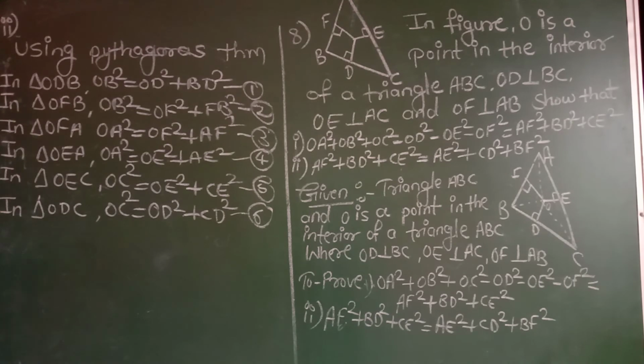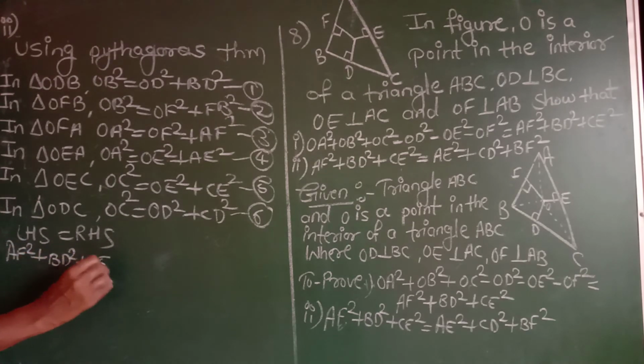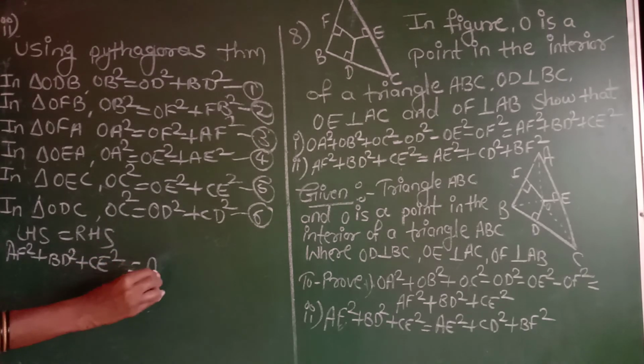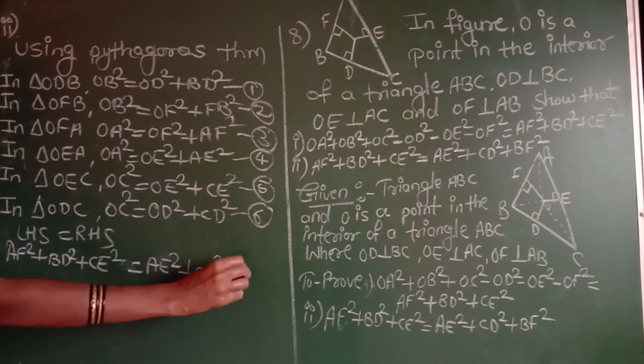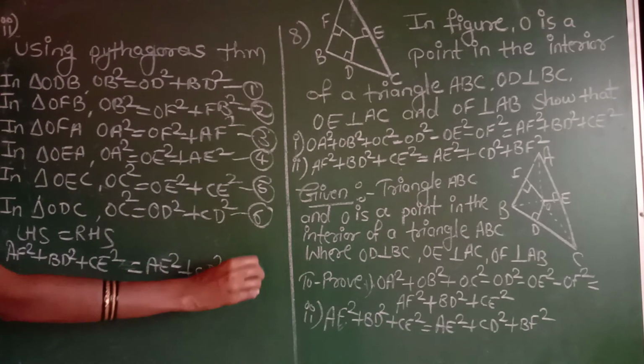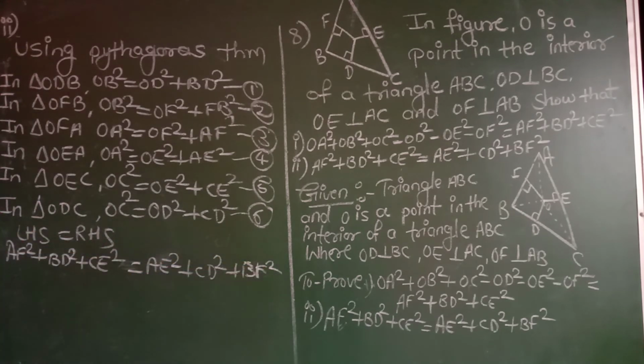Now LHS is equal to RHS. The LHS side is AF square plus BD square plus CE square, and the RHS side is AE square plus CD square plus BF square.